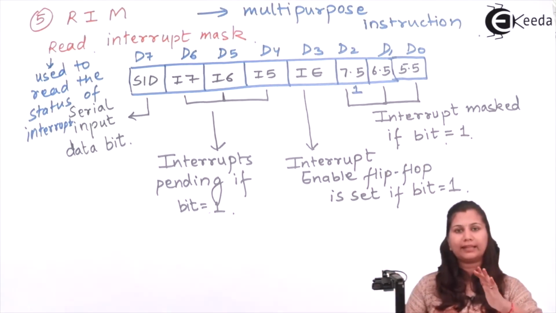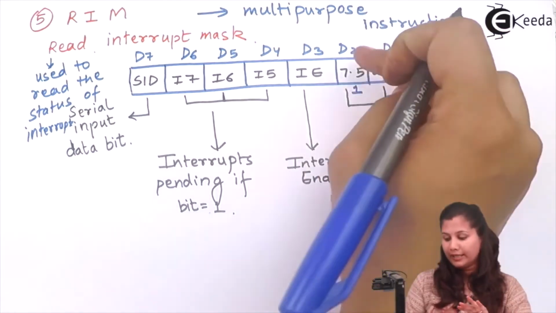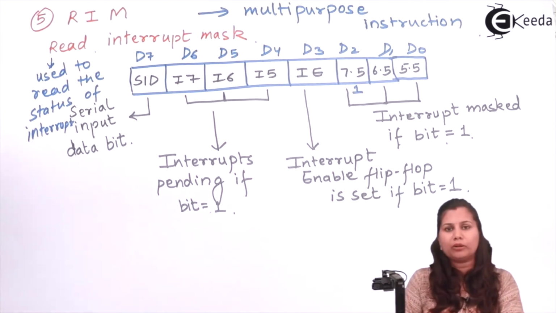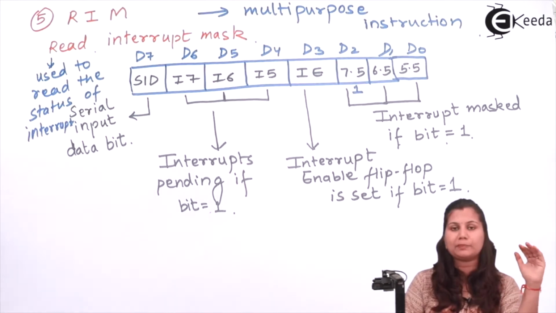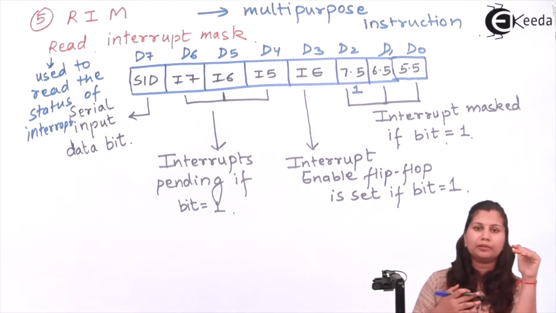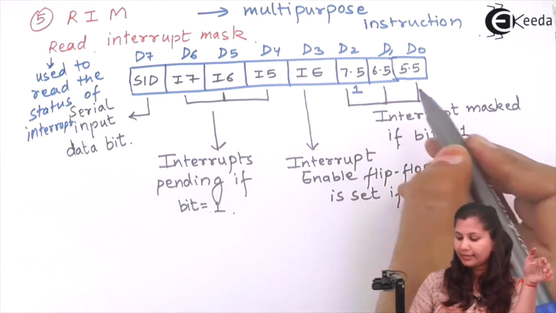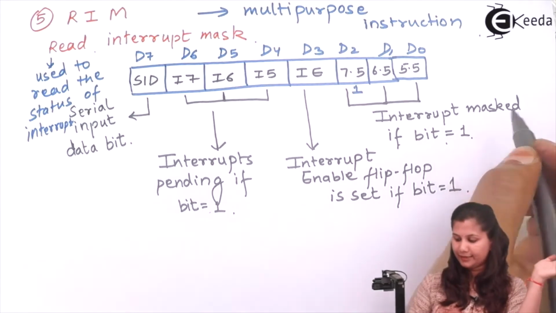Masked means at that time the 8085 is not going to execute or acknowledge this interrupt. It is not going to bother that this interrupt RST 7.5 is present there. First it will execute other interrupts or other instructions, and this interrupt will be masked. It will not be executed by the 8085.